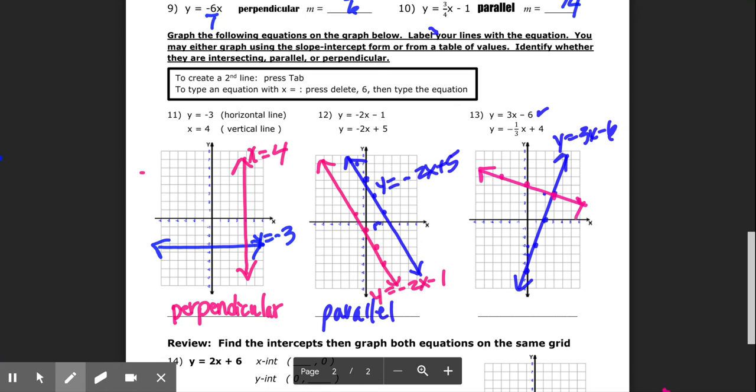So this is y equals negative 1/3 x plus 4. And it does look like they cross at 90-degree angles, but we can take a look at the slope. Are they opposite signs? Yes. Are they flipped? Yes, because this 3 right here would be like 3 over 1. So when we flip that, it becomes 1 over 3. So these lines are perpendicular.